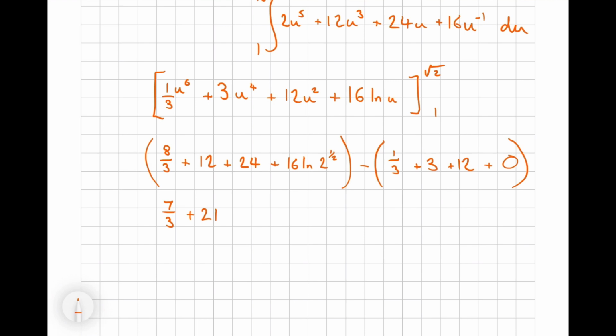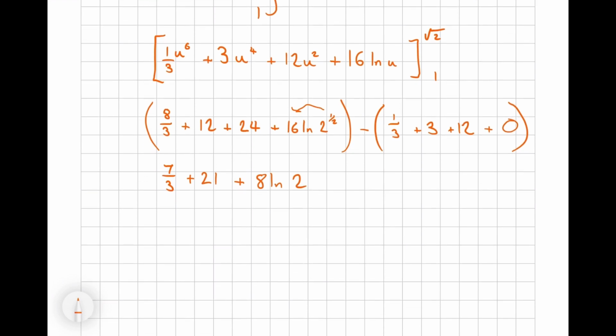And then lastly, I'm using the rules of logs to bring that half and multiply the 16 by the half so that I can write 8 ln 2. And let's do 7/3 add 21. 21 times 3 is 63. Add the 7 is 70 over 3 plus 8 ln 2.